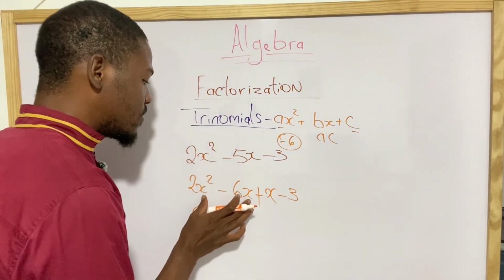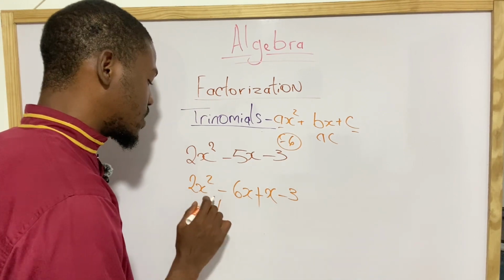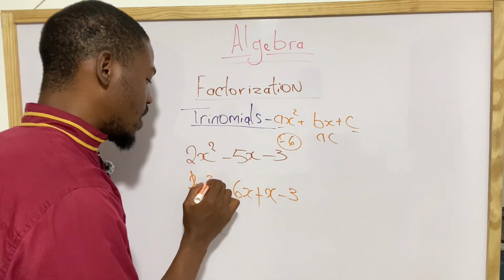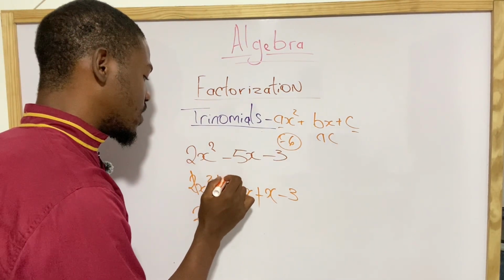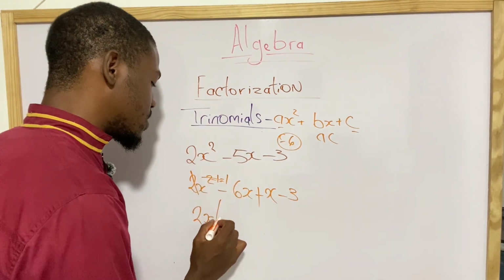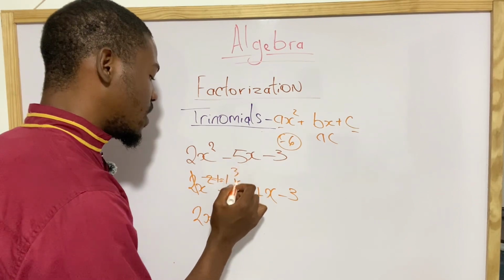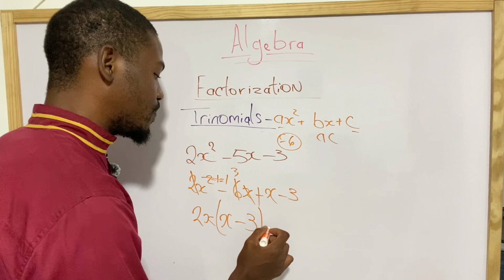And amongst the variables, we take the one with the lower index. So take out 2x. The 2 is going to cancel out this 2, and then we subtract one of the x from here, which just gives me 1x. So I'm left with just the x. Here now, 6 divided by 2 is 3, and x is going to cancel out this x, so all I'm left with is just a 3.